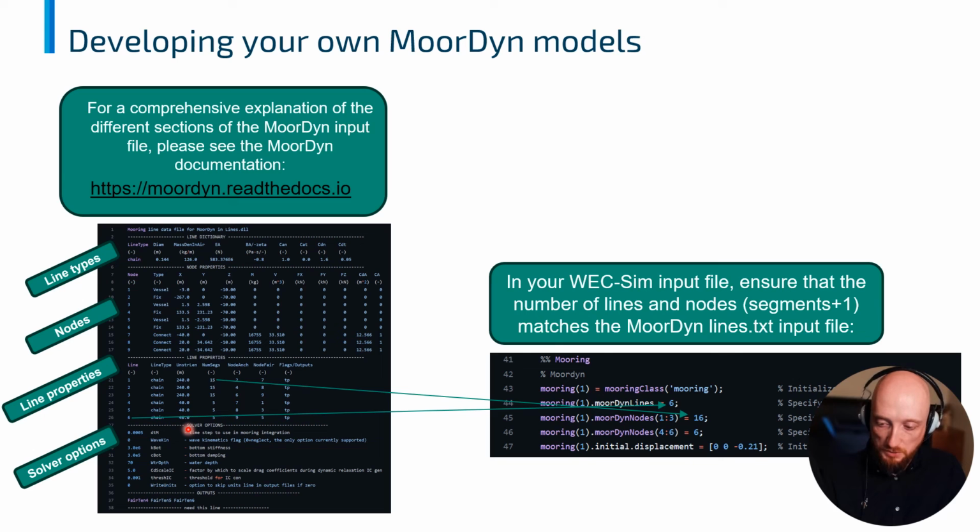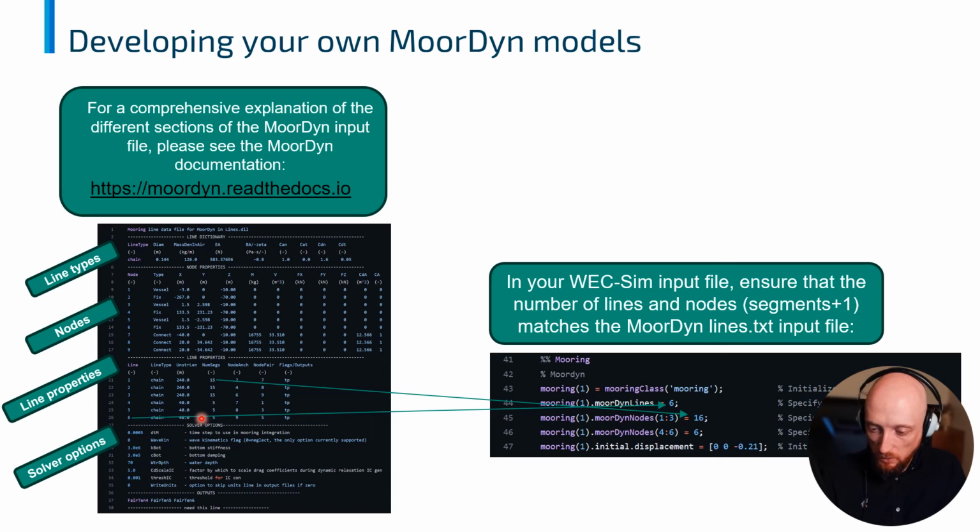The next section in this file is covering the solver options. So probably the most important variable here is the time step that you're using in MoorDyn. It'll be a different time step to what you're using in WEC-Sim. MoorDyn uses a Runge-Kutta 2 time integrator, and it typically requires quite a small time step.